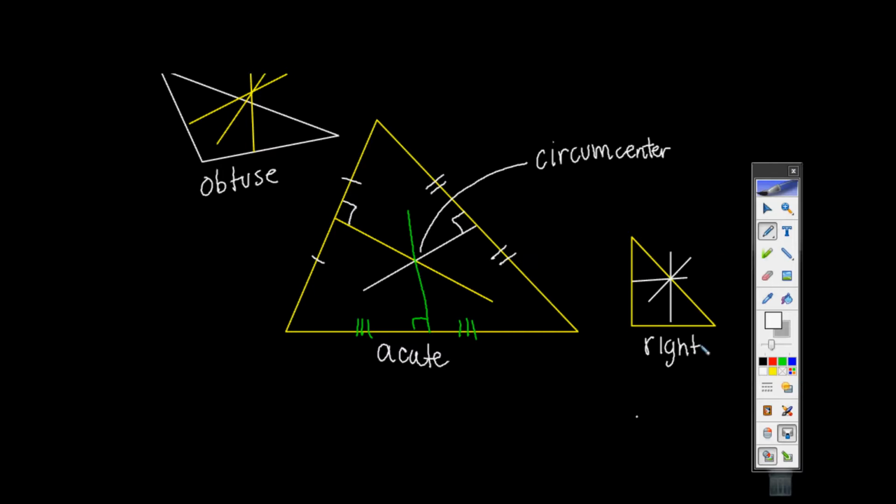Not usually. Sometimes the circumcenter is the actual center of the triangle, but even in this triangle, it's not dead center. It's close to the center, but not exact. Now, if you have an equilateral triangle, you end up dead center. But otherwise, if it's acute, you're somewhere inside of it. If it's obtuse, you're somewhere outside of it. And if it's right, you're on the hypotenuse.